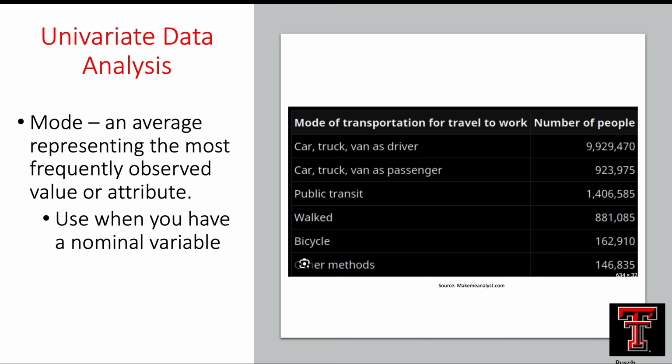So this is an average representing the most frequently observed value or attribute. So only use this when you have a nominal variable. So again, this is mode of transportation to work, number of people. By looking at this, we would see that using a car, truck, or van as driver is the mode or the most common way people are getting to work.